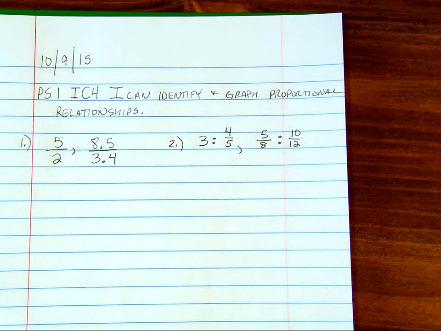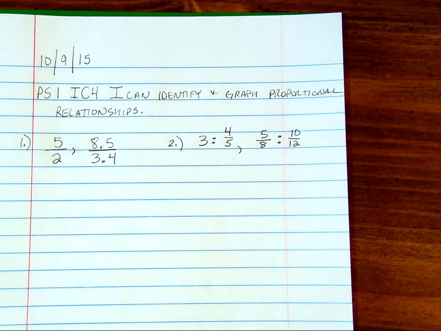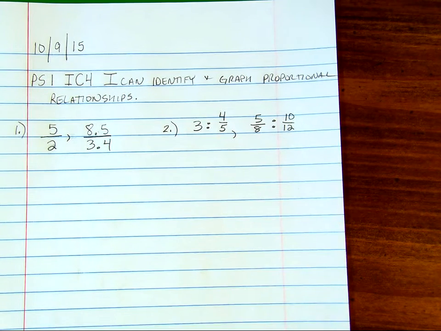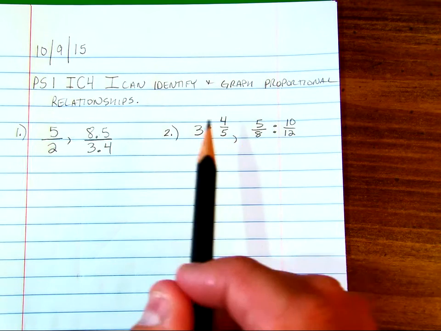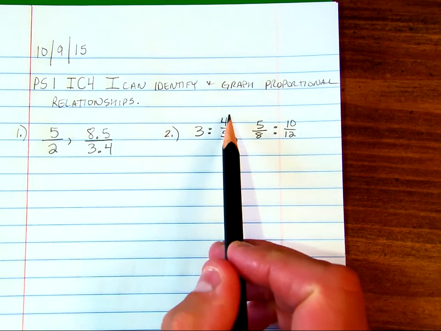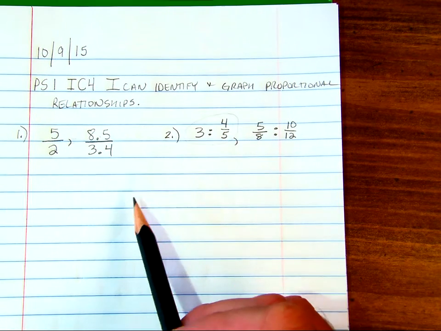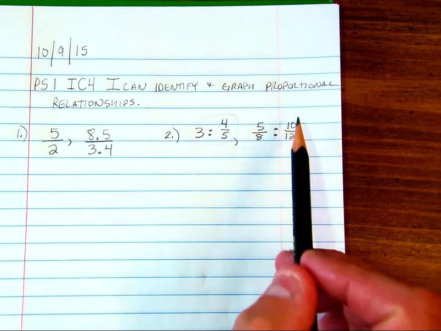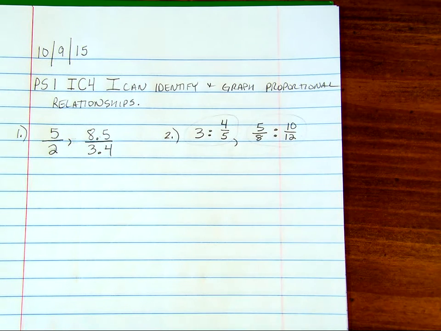Ooh, look at that. That looks nasty. Basically, what we're trying to figure out in this difficult-looking problem is: is this ratio proportional to this ratio? Well, we got to do some math here.